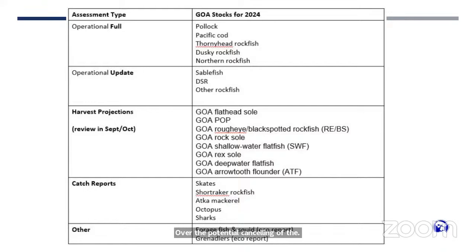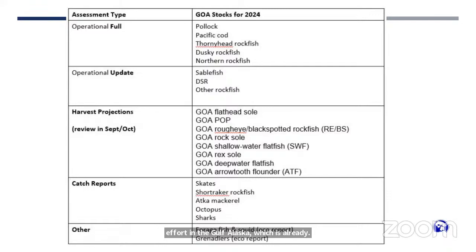We appreciate the discussion around that and evaluating the pros and cons of that. If it is canceled, the SSC would highlight the importance of keeping that survey effort in the Gulf of Alaska, which is already relatively poorly sampled.